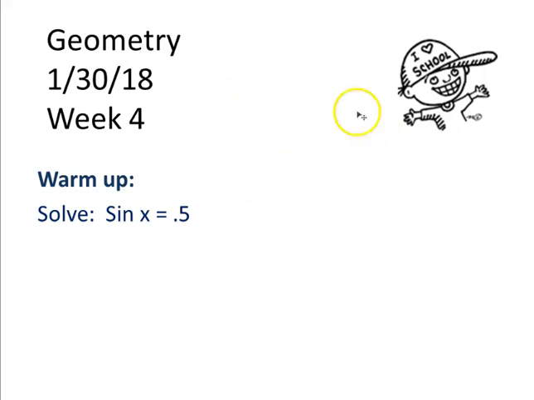Then we also looked at similar right triangles where we drew in an altitude for a right triangle and we used geometric means to find the lengths of missing sides of those similar right triangles.